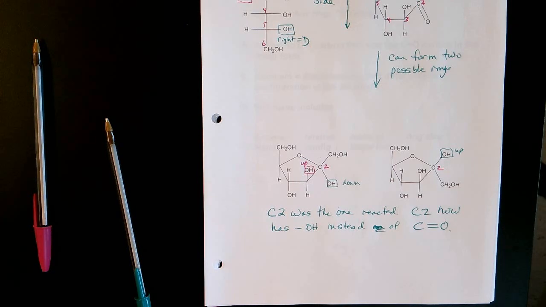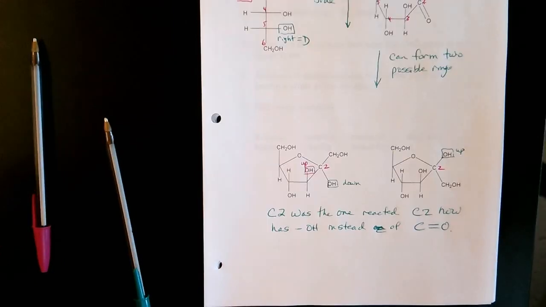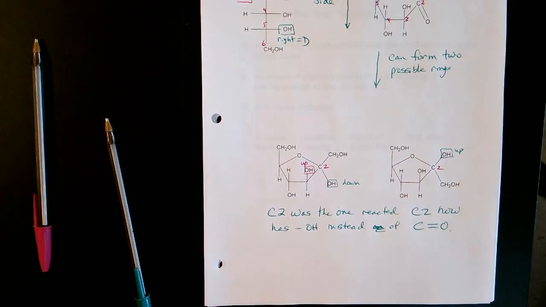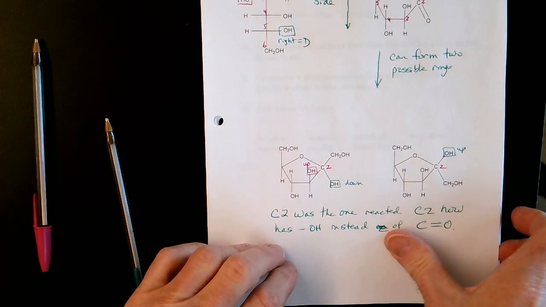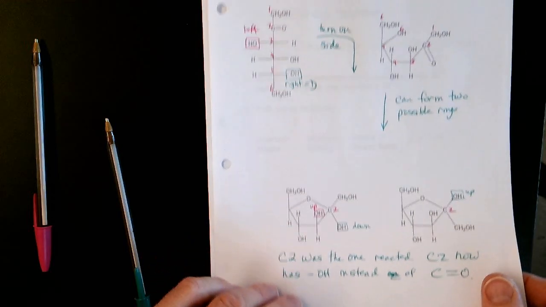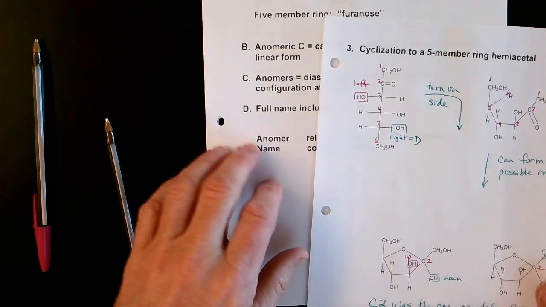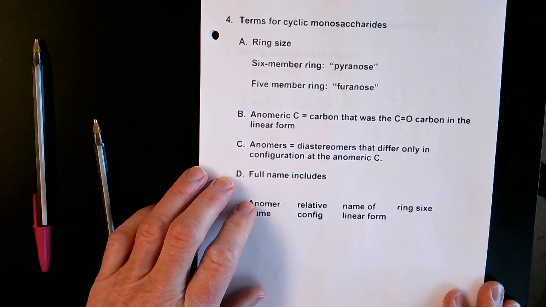So those are the 2 different routes that get you to 2 different ring sizes, 6 or 5. Those are the bread and butter structures of monosaccharides. If you got those, you've got all you need to know for this level of class anyway. So let's put some terms on these, the 6 and the 5.